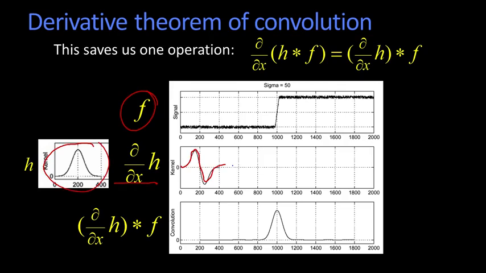When I apply that function directly to F, I get out the same value that I got last time, which has to be because of the associative property of linear operators, with derivatives and filtering being linear operators. That also saves us an operation because we can just take this filter and apply it and no more derivatives have to be done.